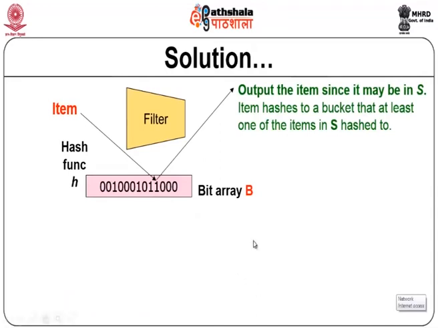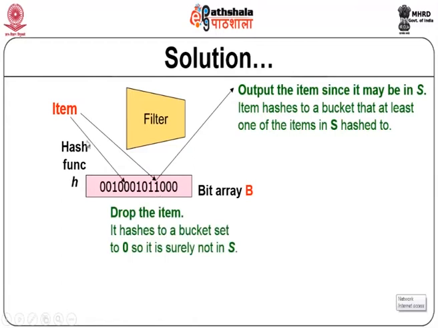This solution is diagrammatically represented here in this slide. Assume you have a bit array B having values 0, 1 and so on. As per the algorithm, initially all the elements in the binary array will be set to 0. Suppose an element from the set S is taken and its hash function results in a value 1, then the corresponding element in the binary array will be set to 1.